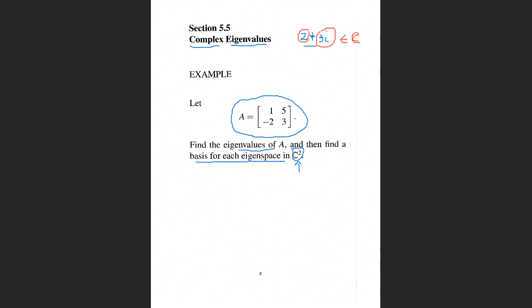But if you had something like, say, 4, well, 4 is equal to 4 plus 0 times i. And that's an element in one-dimensional complex space. So complex numbers include real numbers. Okay, they include real numbers.